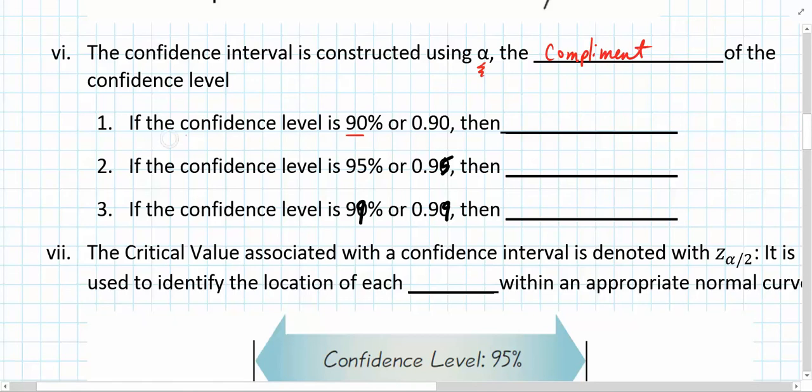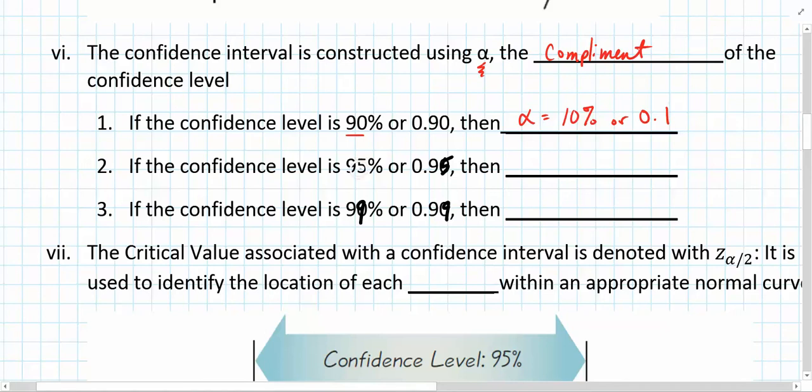So anyway, if the confidence level is 90%, if we're 90% confident, or if we have a probability of 0.90, then alpha in this case has to equal 10% or 0.1.